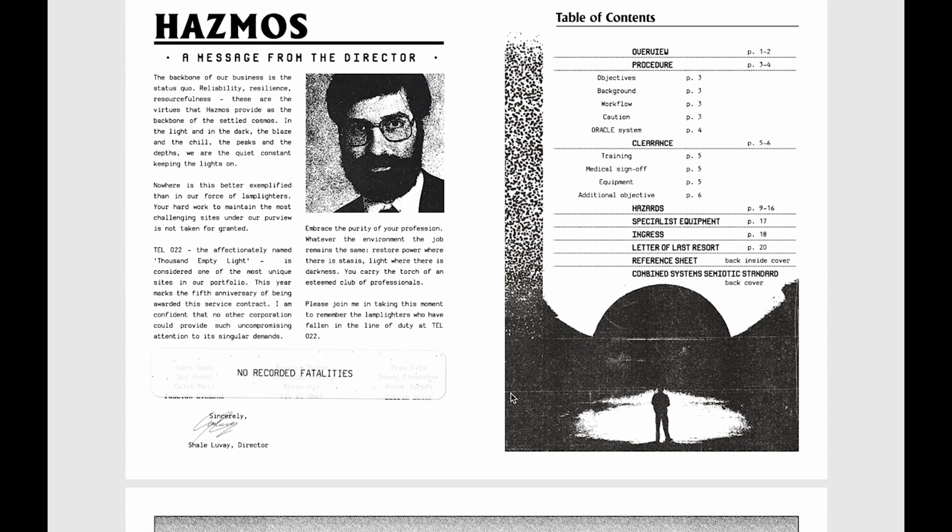You can see a preview there of the sort of things that are in this document in the table of contents. It was worth noting that this whole adventure is sort of in two parts. You have all this stuff which is a combination of theme and mechanical information in terms of playing, but you also have a whole other part which is the actual narrative material of each section of this tunnel, and that's presented as transcripts from the previous Lamplighter who's been through and left maintenance reports on these things that this adventure calls Memocom modules.